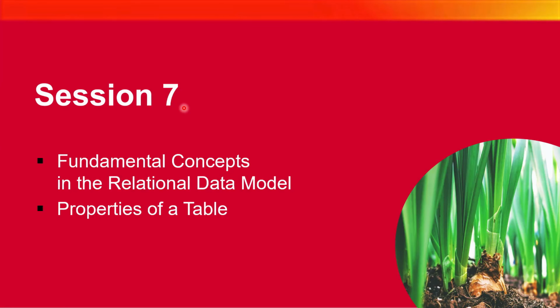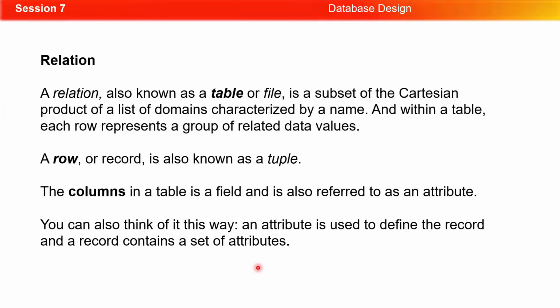Columns in a table are also known as a field, and are often referred to as an attribute. So it's some kind of additional data that describes that entity. You can also think of it in this way: an attribute is used to define the record, and a record contains a set of attributes.